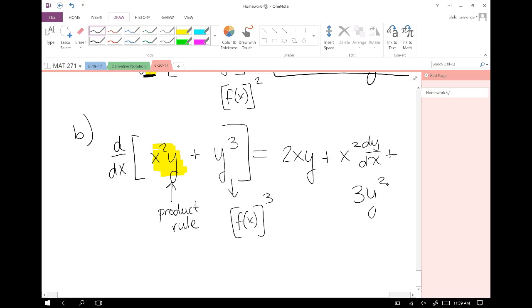And then the derivative of the inside is dy dx. So we've got 2xy plus x squared dy dx plus 3y squared dy dx.